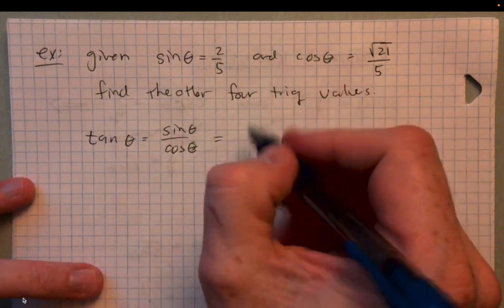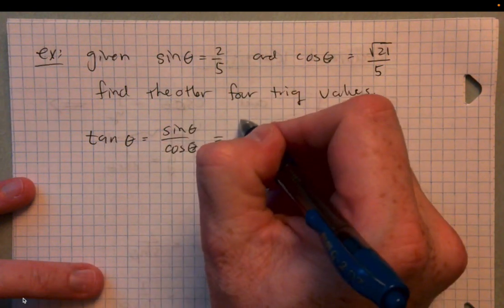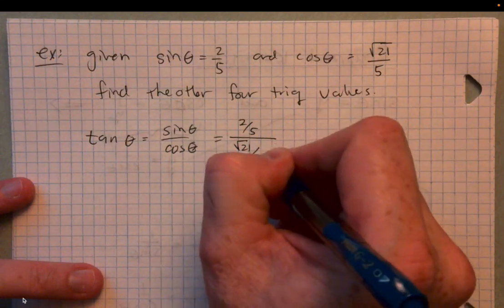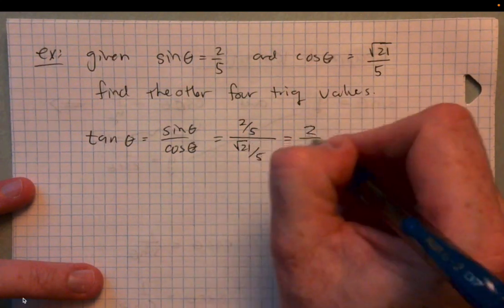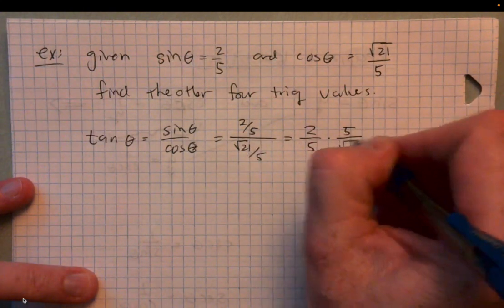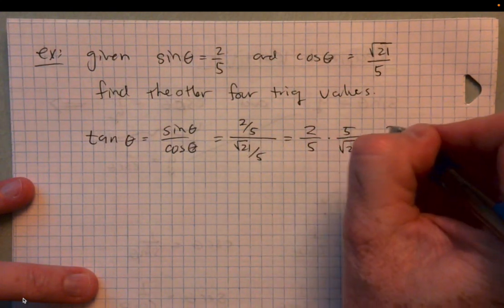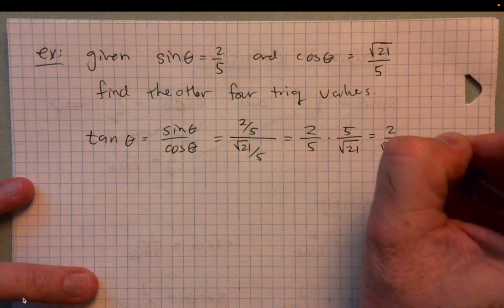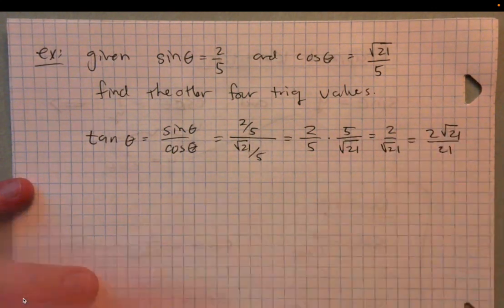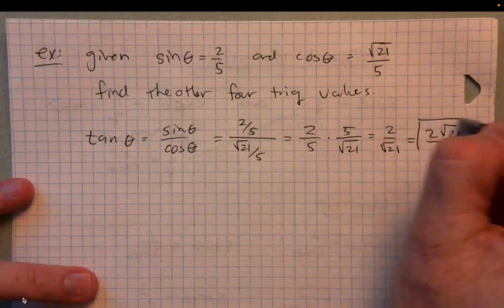And so the tangent must be equal to 2/5 divided by the square root of 21 over 5. We can figure out what that is by multiplying by the reciprocal. And so we get 2 over the square root of 21, and that means it's 2 times the square root of 21 over 21. Okay, and so that's the tangent.